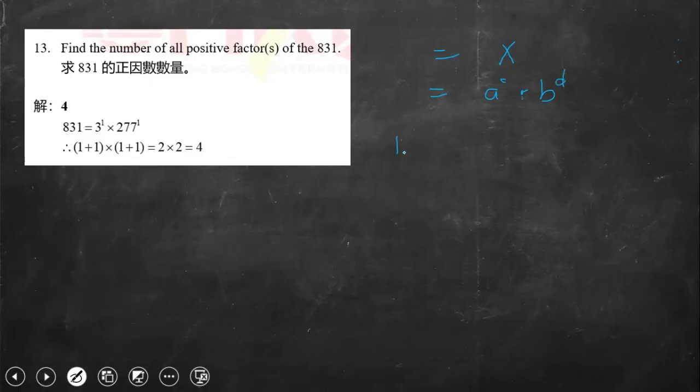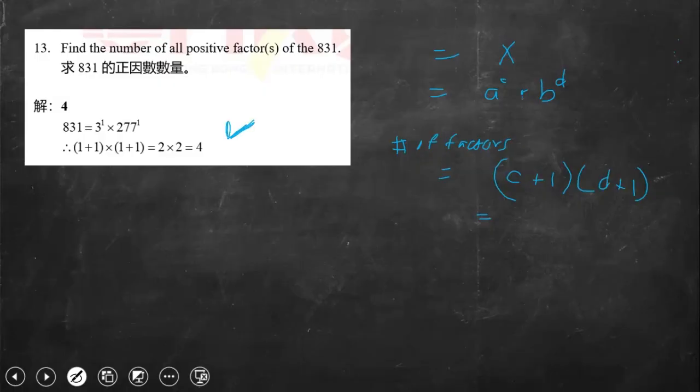The formula for the number of factors is: just get the exponents, add 1 to each, and then multiply them. And that's how we have this.